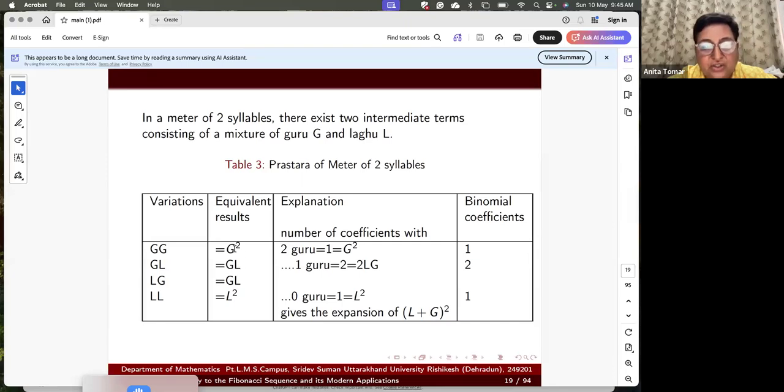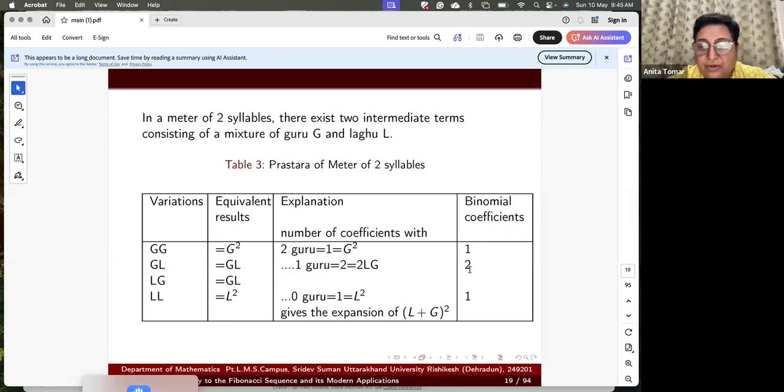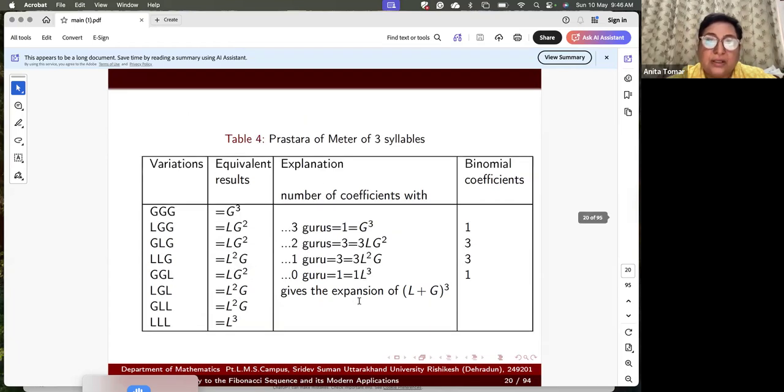So we can write it like this: G square, GL, GL, and L square. This is the expansion of L plus G whole square, and the binomial coefficients are 1, 2, and 1. Here we have two Guru, here one Guru, and here no Guru, meaning zero Guru. So G square, 2LG, we have added these, and L square.